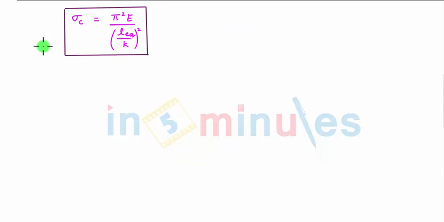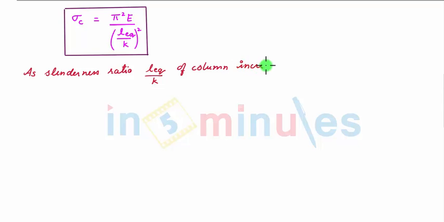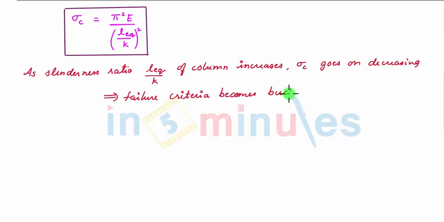In the sigma c expression, we see that as the slenderness ratio L equivalent by K of the column increases, sigma c goes on decreasing, and in that case the failure criteria becomes buckling.